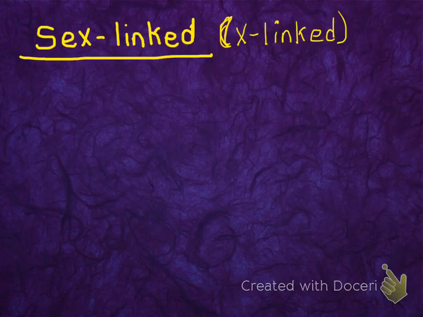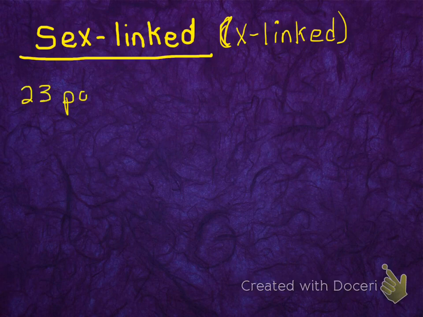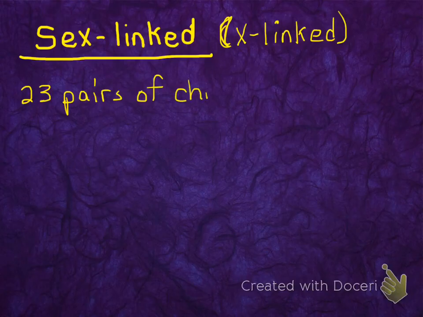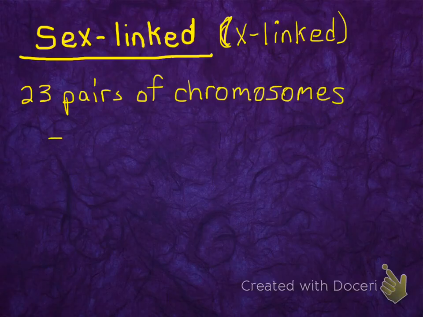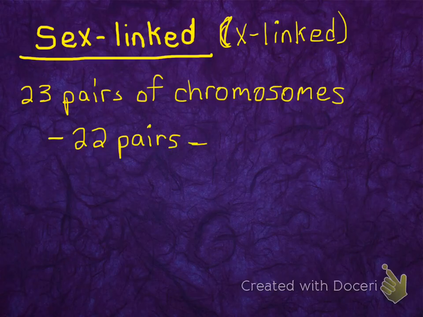If you remember, we talked about the fact that humans have 23 pairs of chromosomes total. Of those 23, 22 pairs are what we call autosomes.